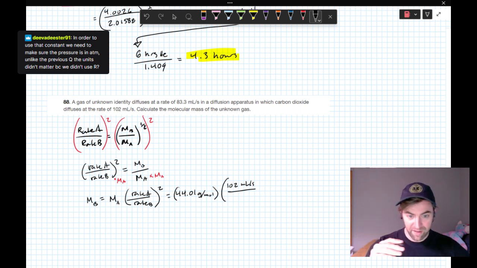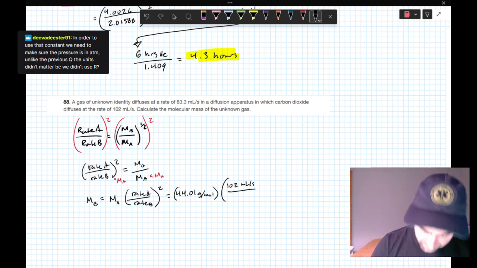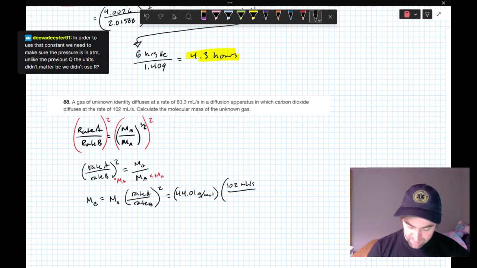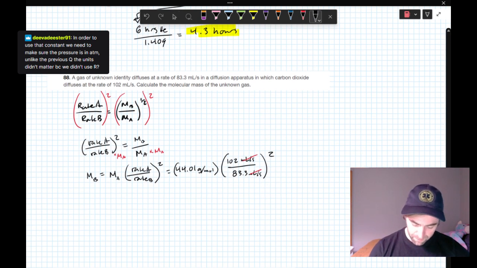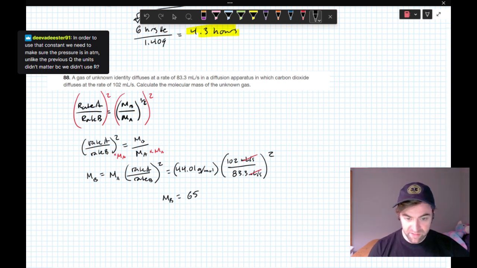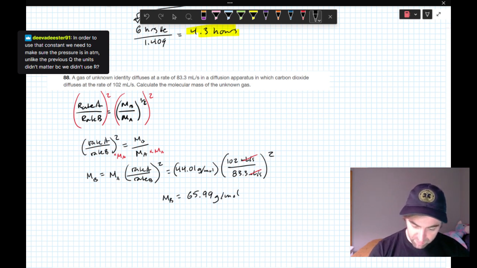Yeah, rate A, MA, both are carbon dioxide. And then the unknown diffused at a rate of 83.3 milliliters per second, and all of that squared. Units are going to cancel out. Perfect. Don't have to worry about that. MB equals 65.99 grams per mole.